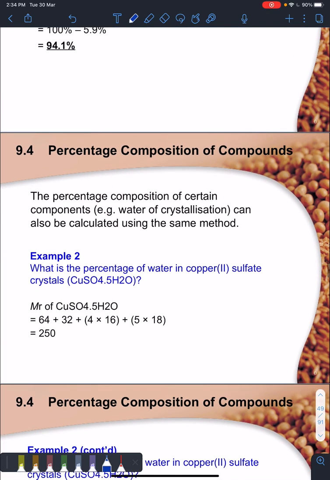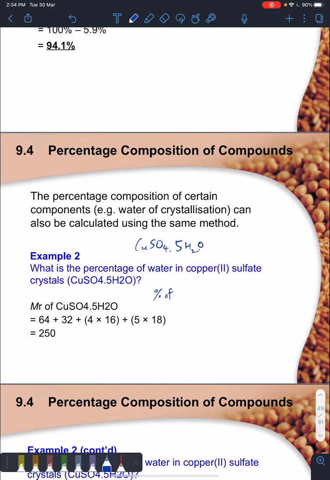So next, how do you find the percentage of water in this thing? It's CuSO4·5H2O. So what we will do is we find out the water component.